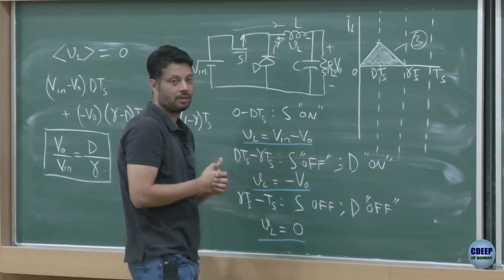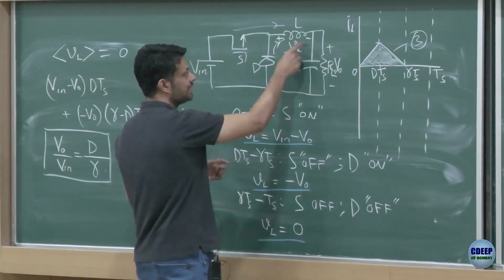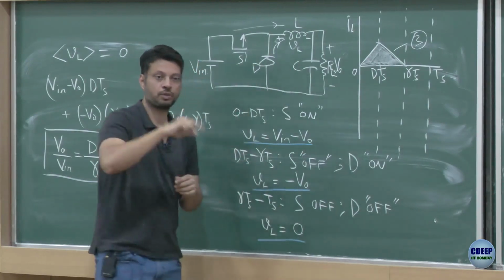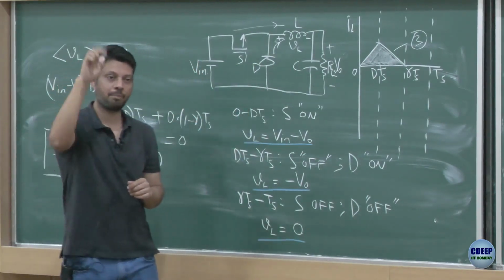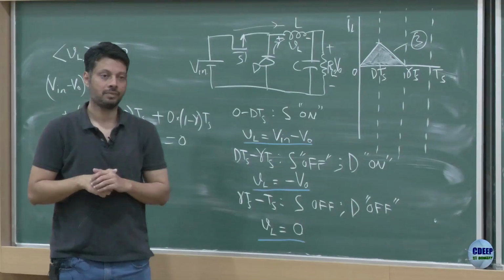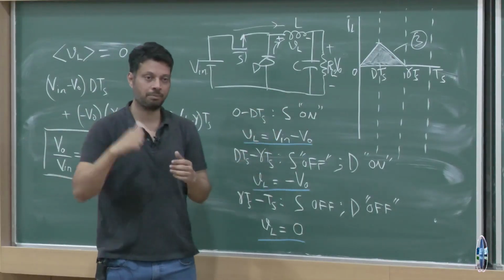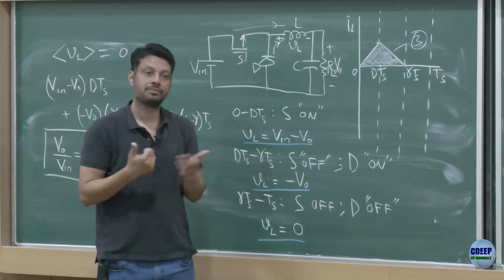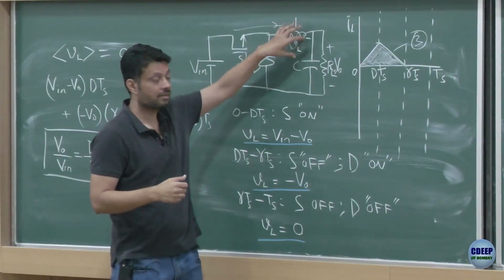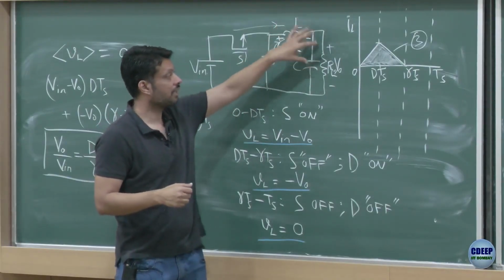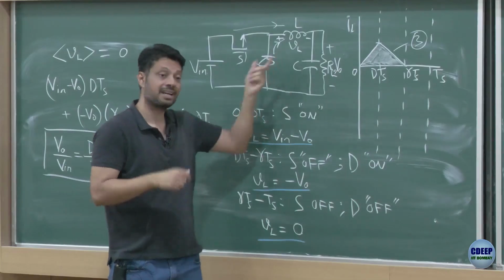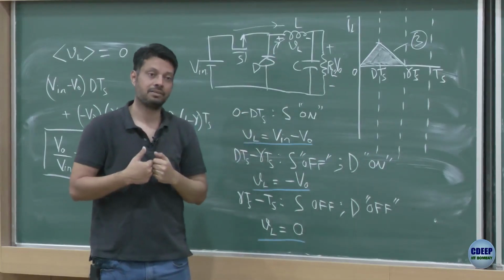Assume instead of this inductor you had a current source which was a square wave, so 10 ampere and 0 ampere, and the load is of course average 5 ampere. Still you can do the ripple of this flowing into this, the average value 5 ampere flowing into this, even though this current is 0 for some time.